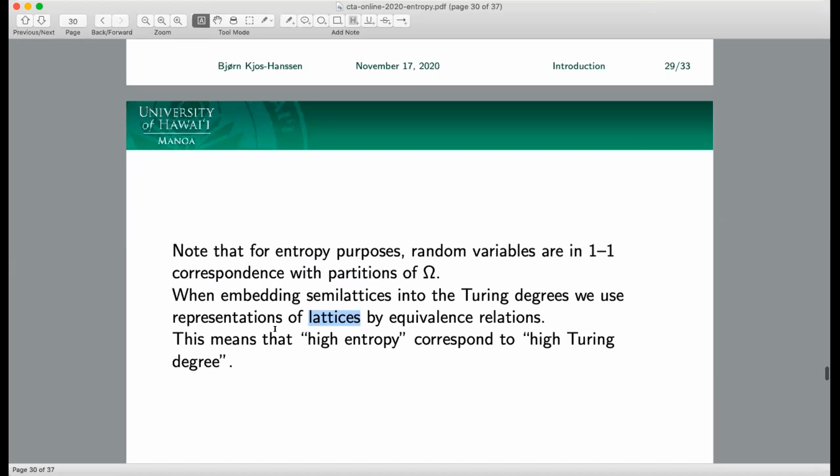So the way that this works in the Turing degrees is that the different places in a lattice correspond to different equivalence relations, and at the top, the highest Turing degree, we have the equals relation, just the identity, and then at the bottom we have the everyone-equivalent relation. And so if you think about that, it's saying that the equivalence relations with high entropy are the ones that end up being high up in the Turing degrees.